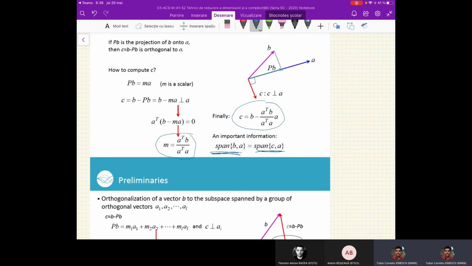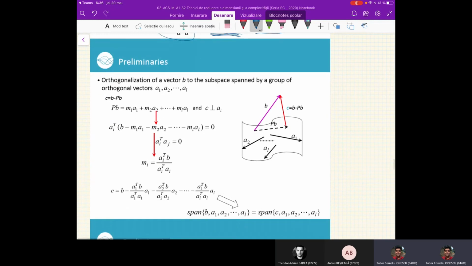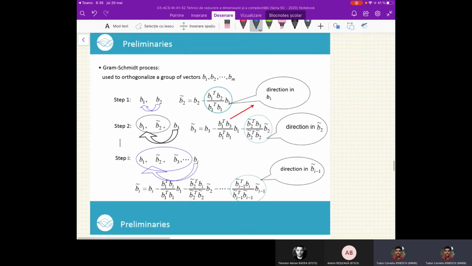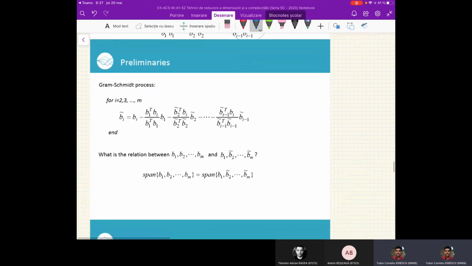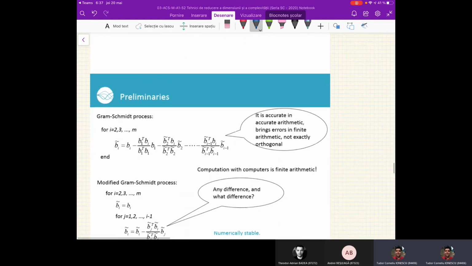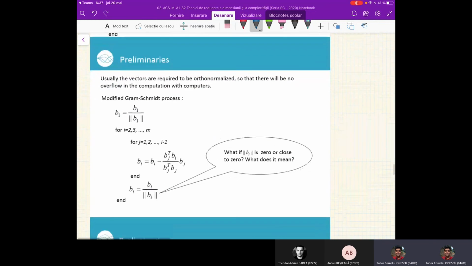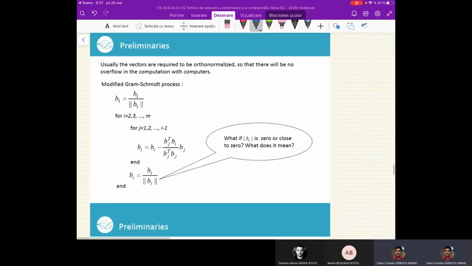So these spaces are equal. Here it shows you, important for some numerical issues, a Gram-Schmidt process.